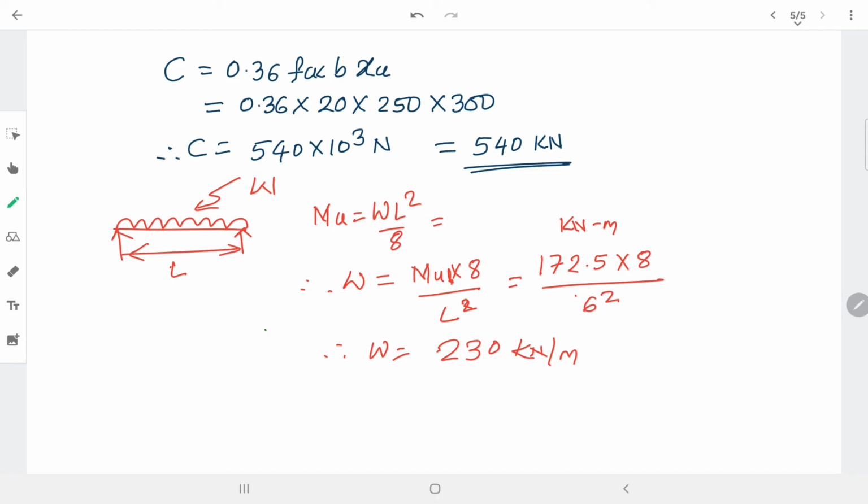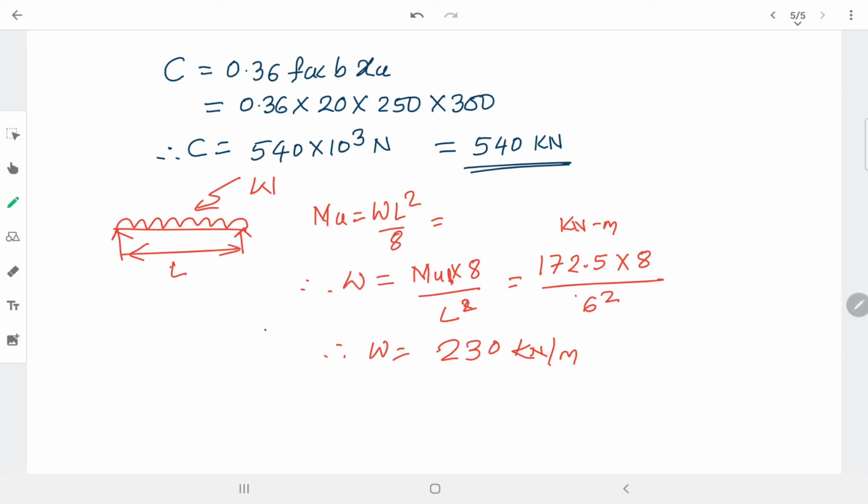Whenever you calculate, you'll be getting this much. A simply supported beam is there, and its effective span is 6 meter.